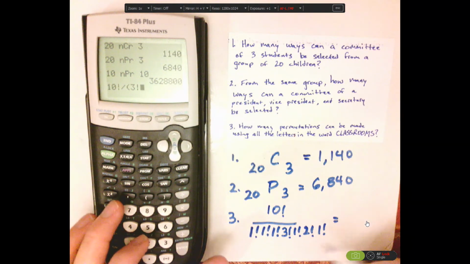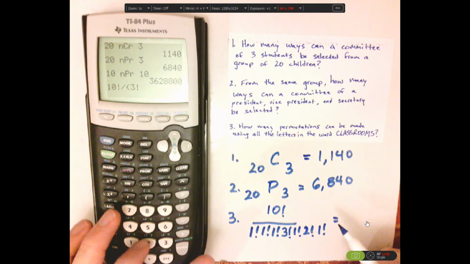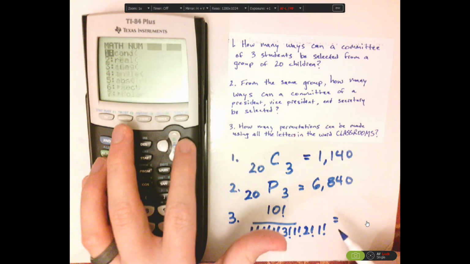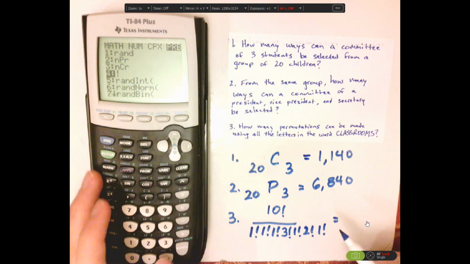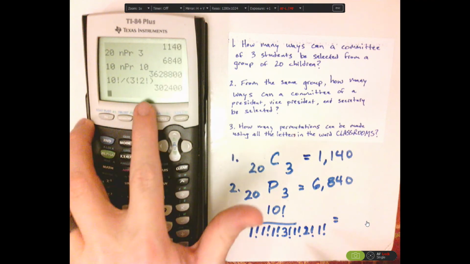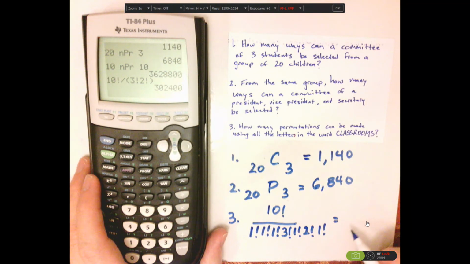Same thing with 2 factorial. 2 factorial is just 2 times 1, but I'm just going to put 2 factorial in there. Right, just clicking away. And then close parentheses. Notice I get something different. So that is the actual answer, which is 302,400.